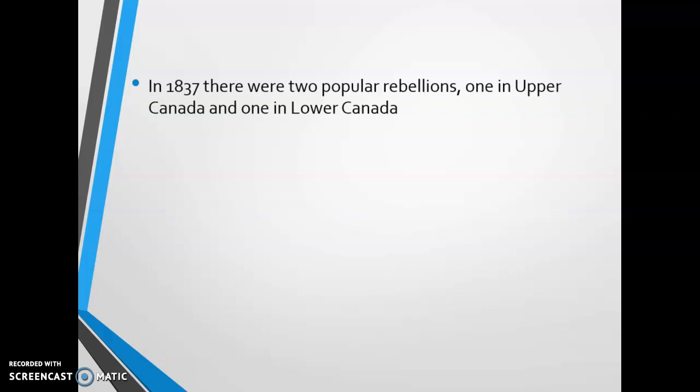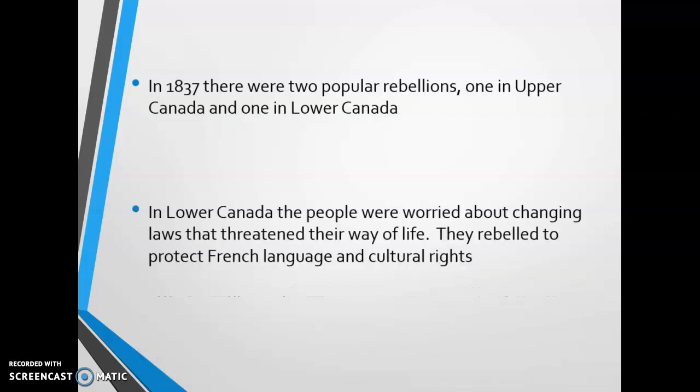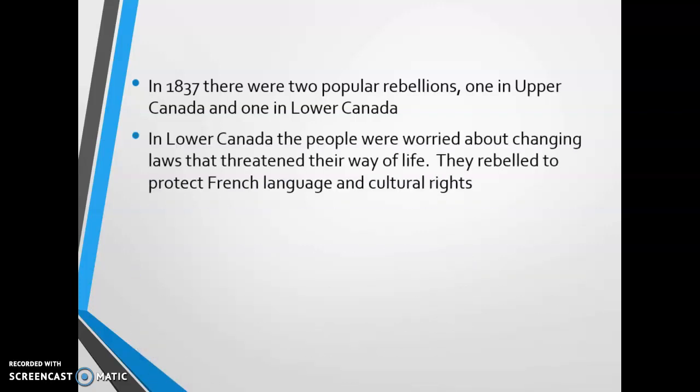In 1837, in Upper and Lower Canada, places we now know today as Ontario and Quebec, there were not one but two popular rebellions. In Lower Canada, that's the French part, the people were worried about the changing laws that threatened their way of life.